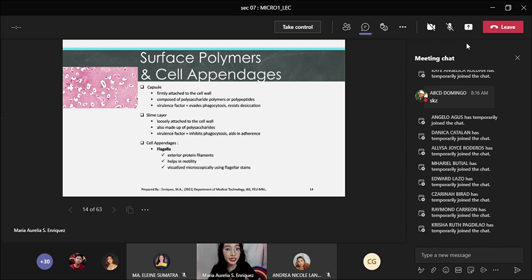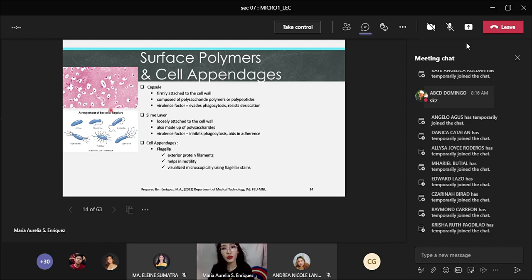Onto cell appendages. Now, some bacteria may have flagella. So flagella are exterior protein filaments that can move, rotate, or turn, resulting in the bacteria to be motile. Okay, so may iba-iba rin pong arrangement ang mga flagella. Now, if the bacteria doesn't have a flagella, then we call it atrichous. If it has only one flagellum, then we call it monotrichous.